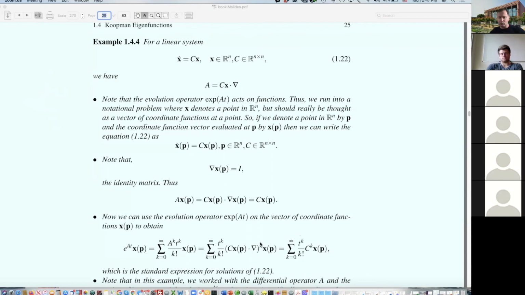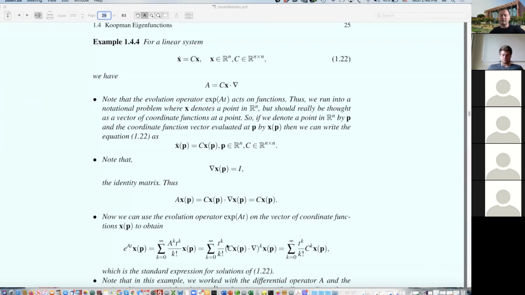If k is equal to 1, then I get t divided by 1, Cx dot grad to power 1. I already got that formula, so I get t to the power 1 divided by 1, Cx. That's k equal to 1. k equal to 2 is just slightly trickier. You have to apply this twice, but you can again use the fact that this is identity. So I'm going to get Cx dot grad Cx. That is going to give you the second power of C acting on x.